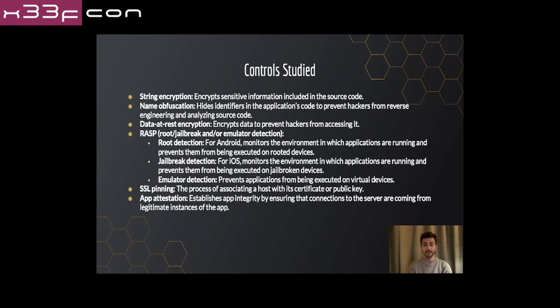Similarly, emulator checks are designed in order to ensure that if the application is executed on an emulated device, for example, ADB, it will crash inside of that emulated environment. So we'll take a look at this. We'll see how many applications actually did use robust controls like this and how many didn't.